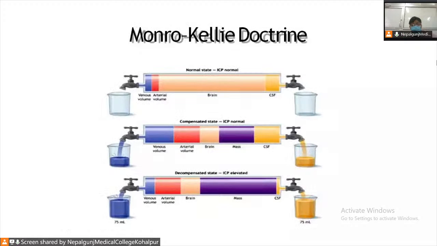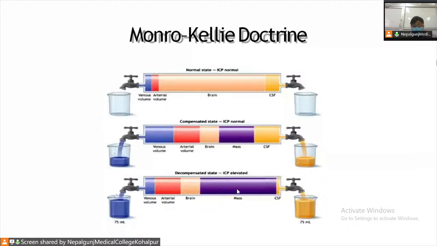Now, the Monro-Kellie doctrine says that in the normal brain there is no mass, blood clot, or extra volume inside the cranium, and the venous blood and CSF are maintained. In the compensated stage, a mass, either blood such as subdural hemorrhage or extradural hemorrhage, compresses the brain, but venous blood and CSF are almost normal.